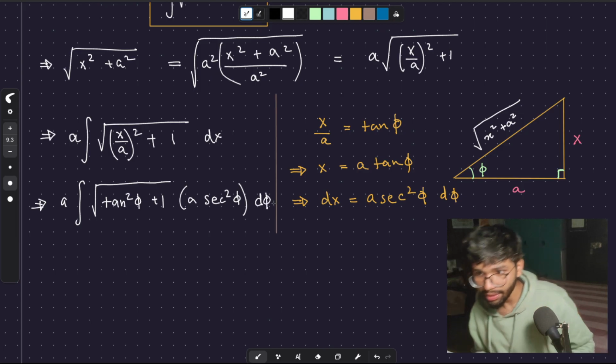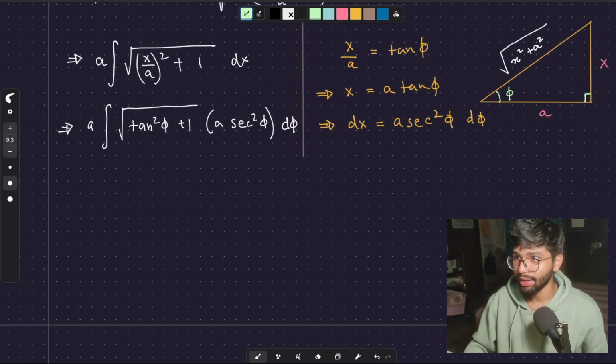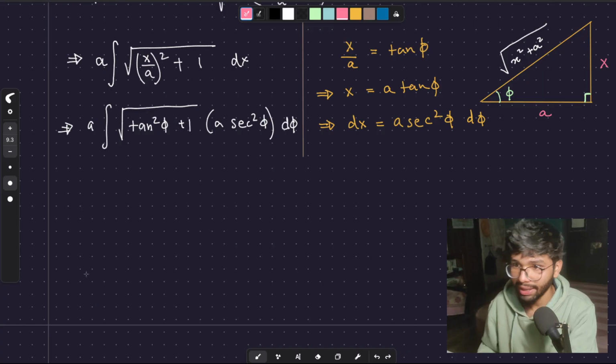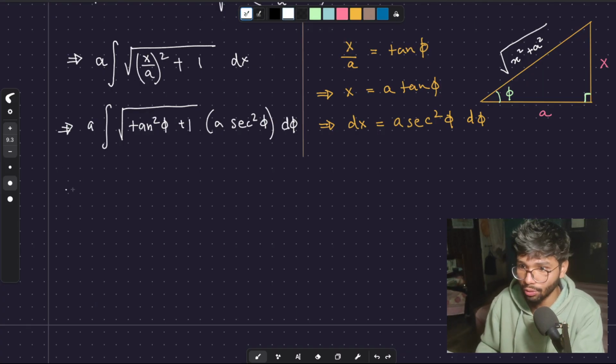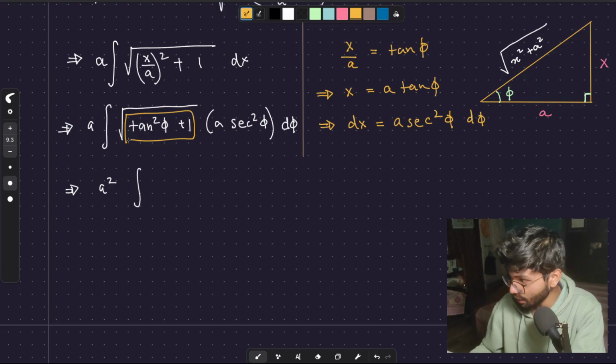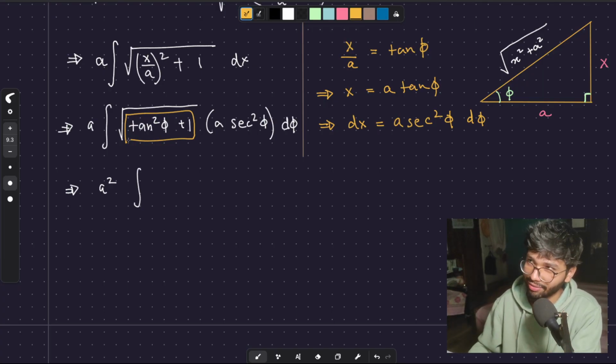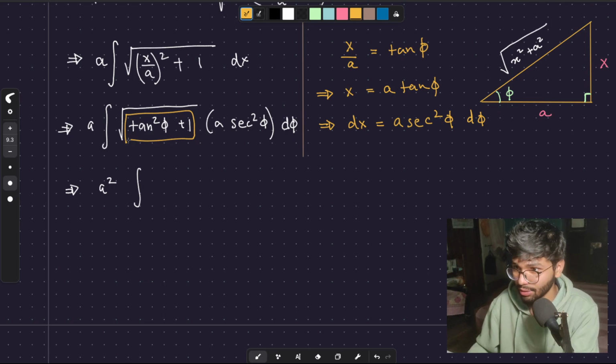All right, so we can factor this a out, because it's being multiplied, not added. That's one of the integral rules, a squared. And look what we have here. This is again the same identity that we used last time: tan squared phi plus 1 equals secant squared of phi.